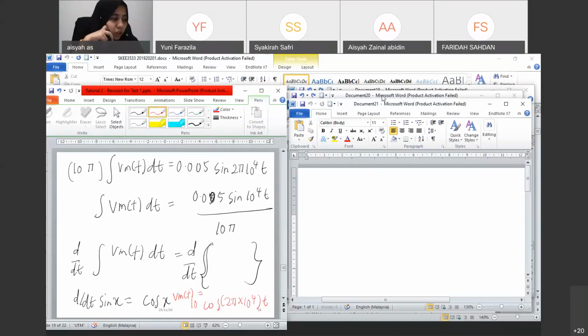Because this VFM is 0.05, how do you get the beta? The beta from the equation, because the equation said that it is the frequency modulated signal. So for the beta, I took the 0.005 because I compared with the equation EC cos omega CT plus beta sin omega MT. Oh, okay.